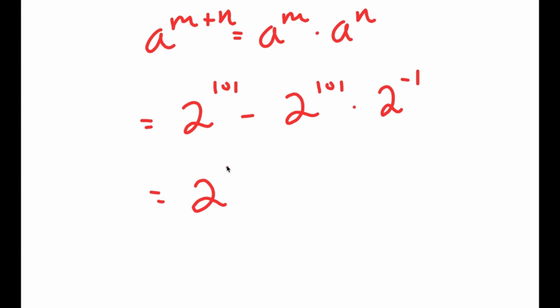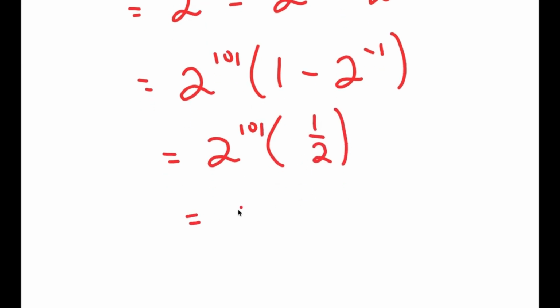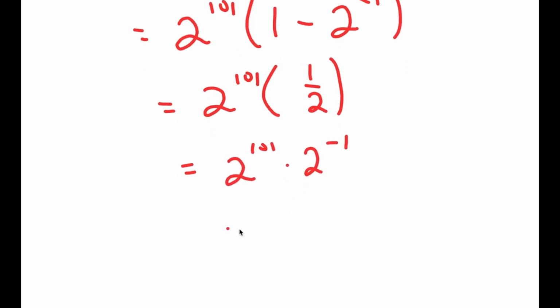And now if I factor out 2 to the power of 101, I get 2 to the power of 101 times 1 minus 2 to the power of negative 1, which is equal to 2 to the power of 101 times 1/2, which is equal to 2 to the power of 101 times 2 to the power of negative 1, which is equal to 2 to the power of 100. So that's the second method of solving this problem.